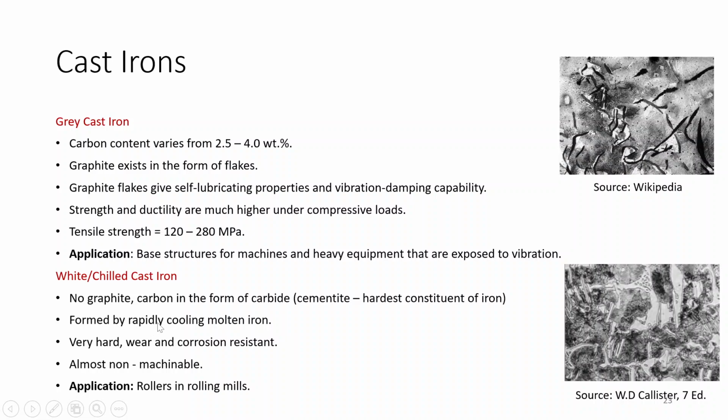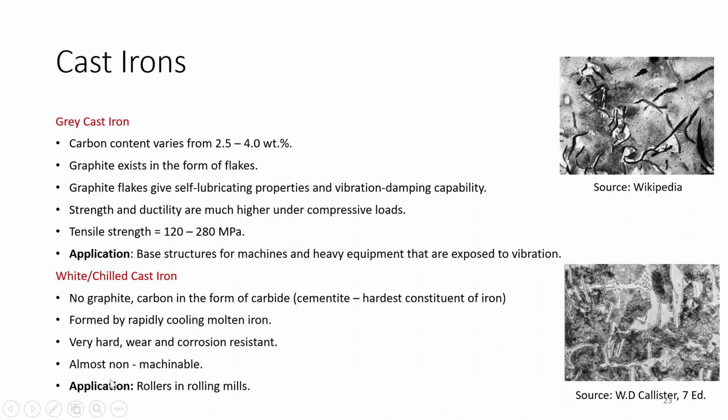It is very hard, wear and corrosion resistant, and almost non machinable because of the presence of this cementite. It is non machinable, so the final shapes are already made by cooling itself, by casting, so that there is no other machining required.